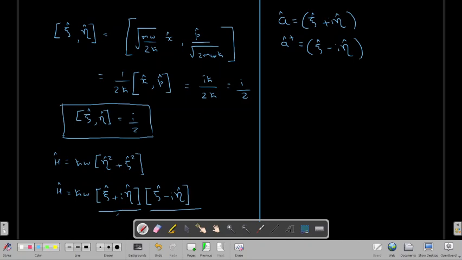So if I plug in now the values of xi and eta in terms of x and p, then your variable A will be under root of m omega by 2 h cross into x plus i under root of 2 m omega h cross into p.